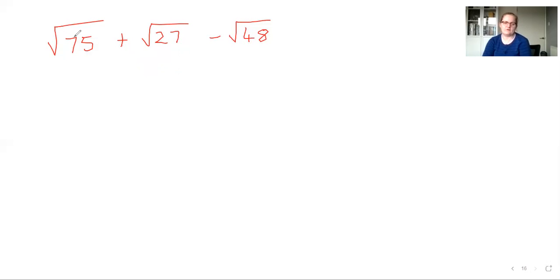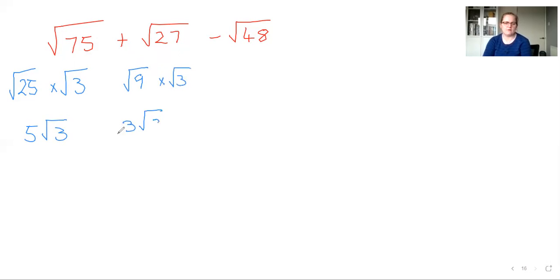The square number that goes into 75 is 25. So we're going to have root 25 times root 3, simplify that down to 5 root 3. Root 27, 9 is the square number that goes into 27. It goes in 3 times. Simplify this down and we've got 3 root 3.